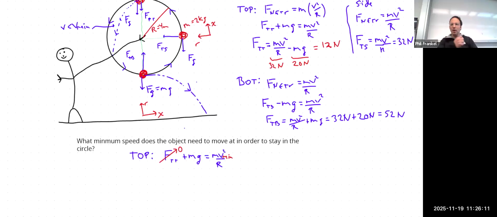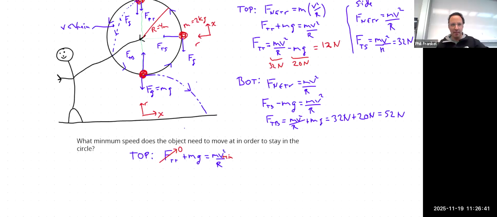In other words, when Platty is moving at the minimum speed in the circle, then at the very top of the circle, the tension force is actually zero momentarily. Gravity alone is providing the centripetal force, and the centripetal force doesn't need to be very strong because the object is moving slowly. So when the string goes slack, barely, that is when the object's moving at the minimum speed.